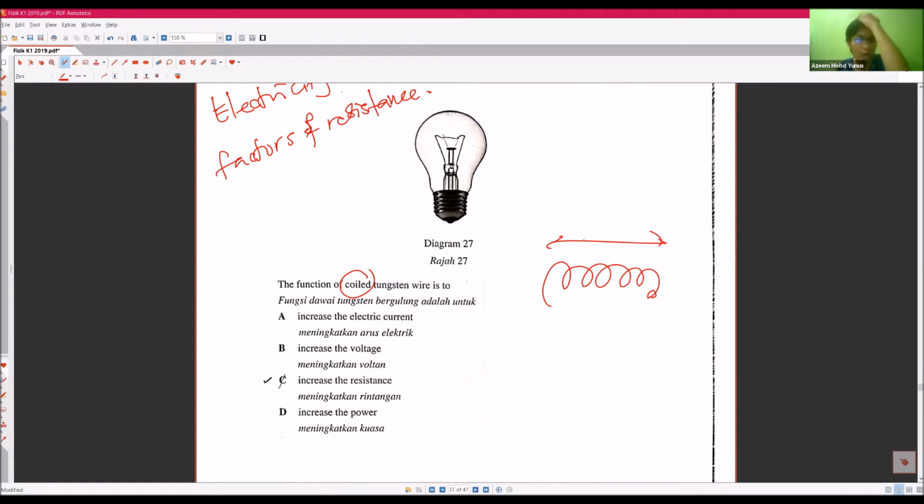So that's why coiled wire is very effective here. Increase the electric current is wrong. Increase the resistance, yes. Increase the voltage, wrong. Increase the power, wrong. So the answer is C.